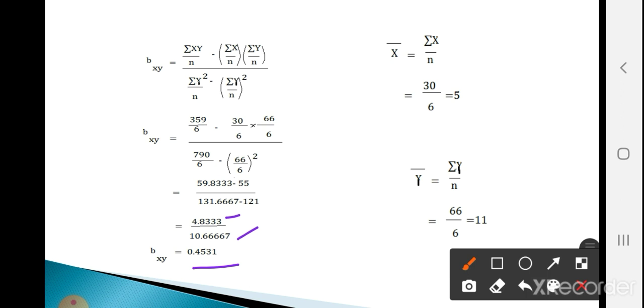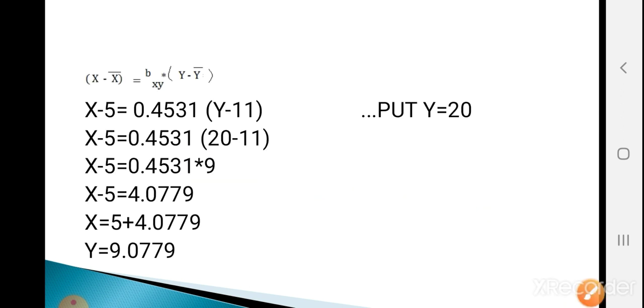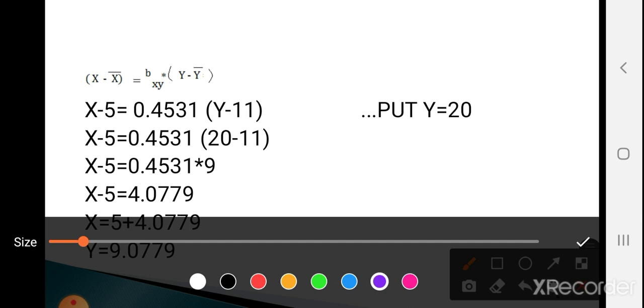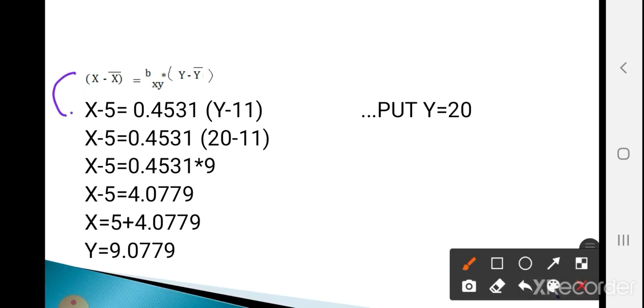Now just plug the values of x bar, y bar and bxy into the least squares principle for x on y. The formula is x minus x bar is equal to bxy into y minus y bar. x is written as it is because x is a variable, minus the x bar value 5, is equal to the bxy value 0.4531. y is a variable, so write it as it is, and y bar is 11.